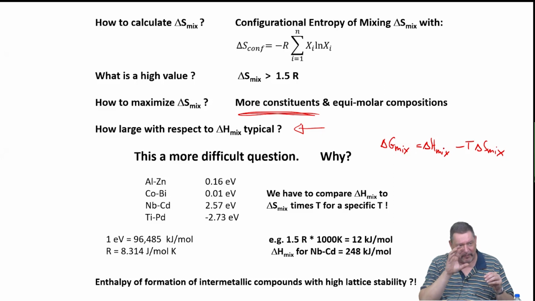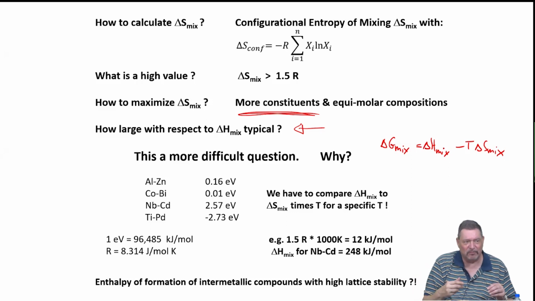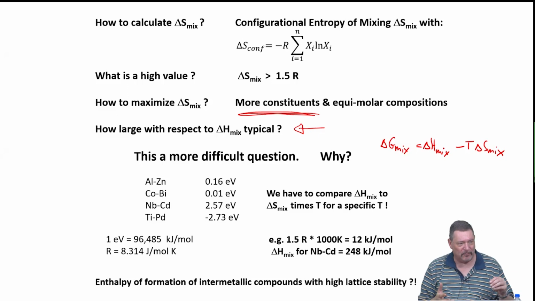But from the 5 elements in the Cantor alloy, this is the one which limits the stability of the single-phase solid solution because it's more different than the other 4. So this is a very important design concept, basically coming again from interatomic interactions.